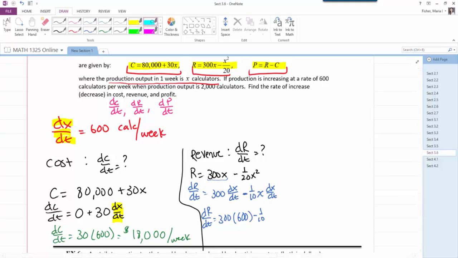Am I given x? I am. I'm told when the production output is 2,000 calculators, so x is equal to 2,000. And again, dx/dt is equal to 600.